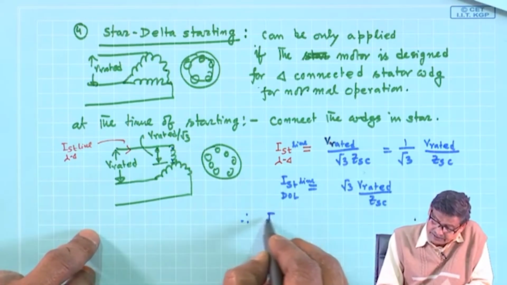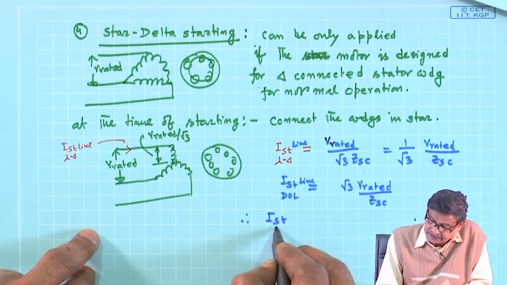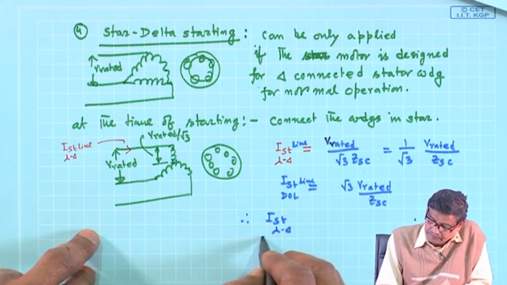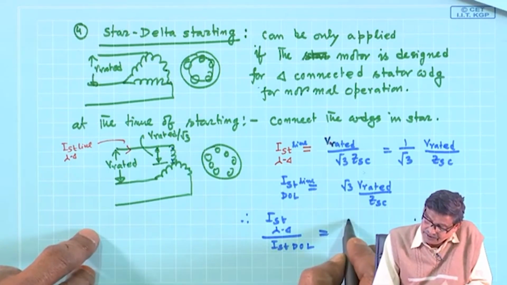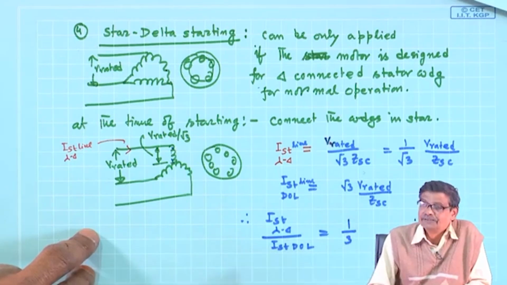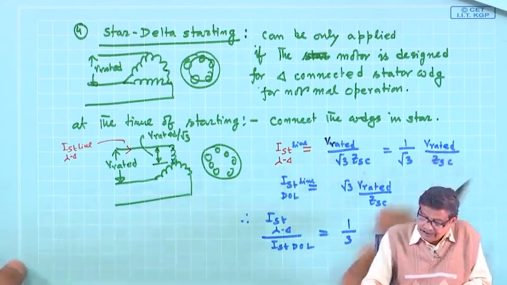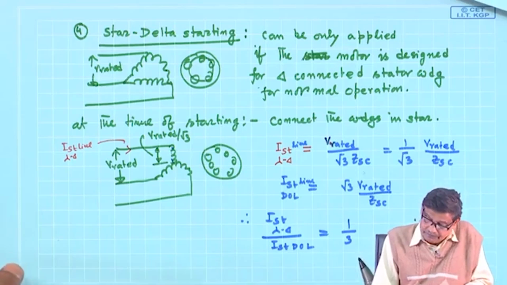Therefore, I starting star delta by I starting DOL will be 1/3. This 3 will cancel, it will become 1/3.